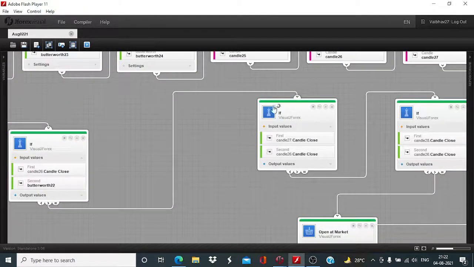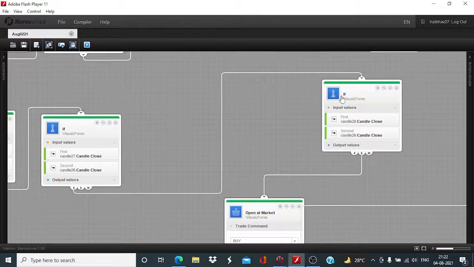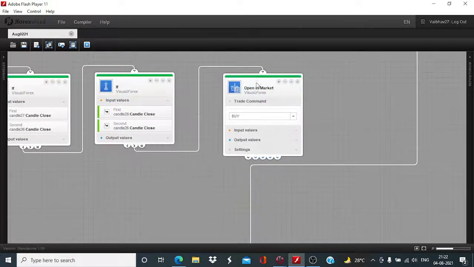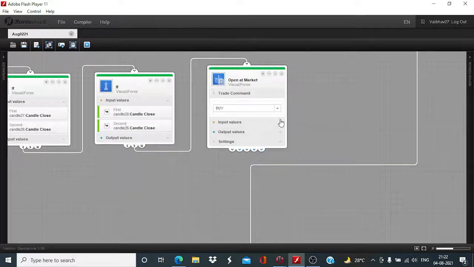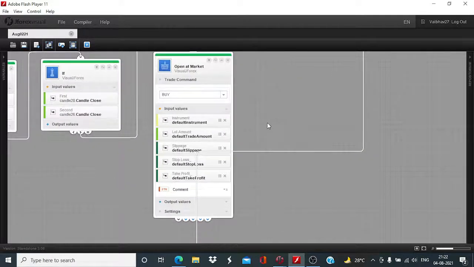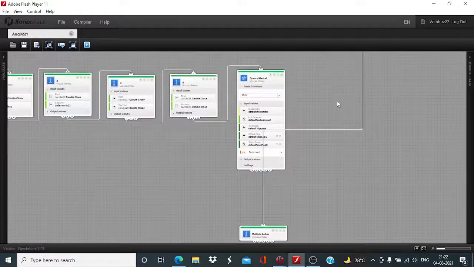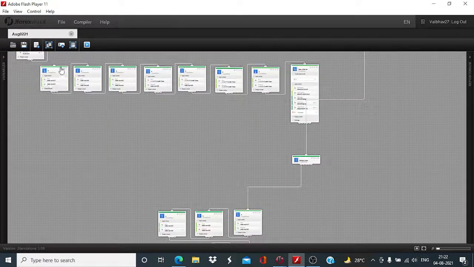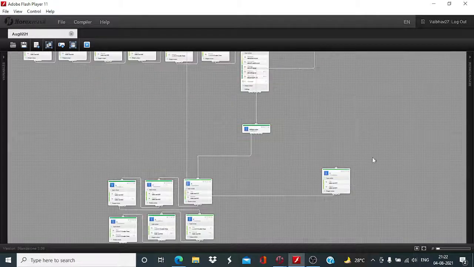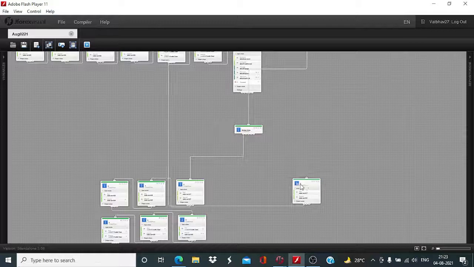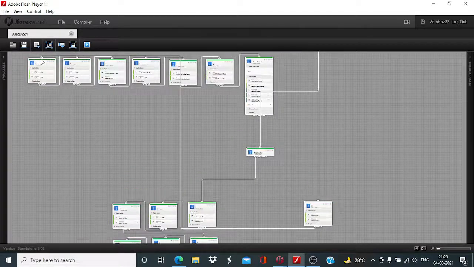We have defined these conditions. Now we have to define the parameters for the trade command block. Prior to defining these values, I will place these blocks where all this belongs.